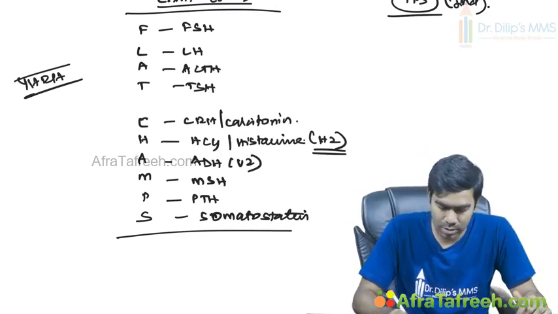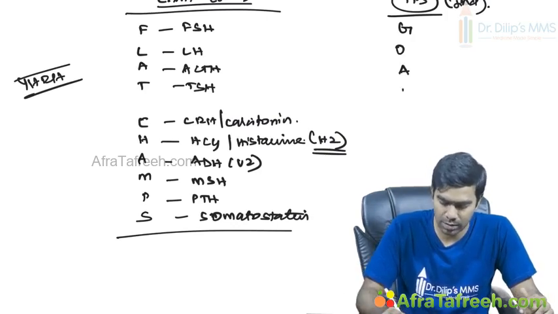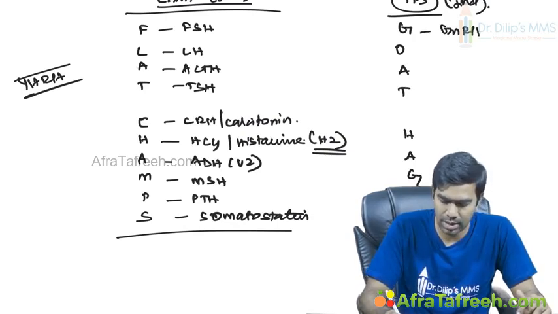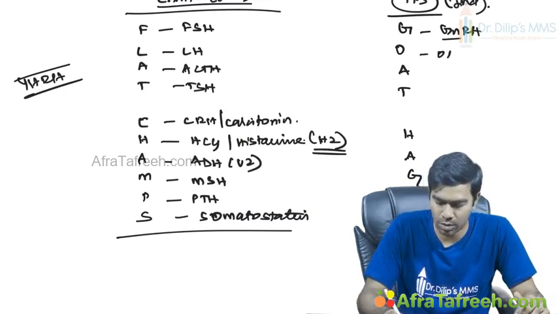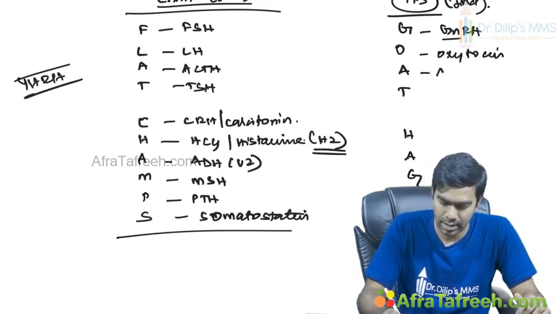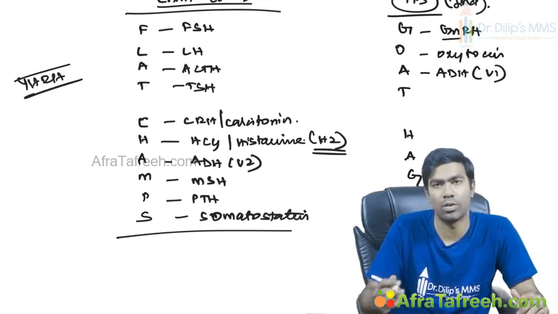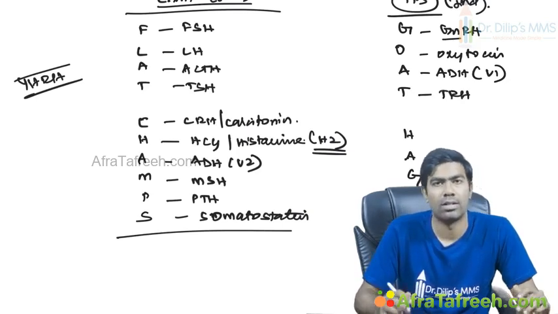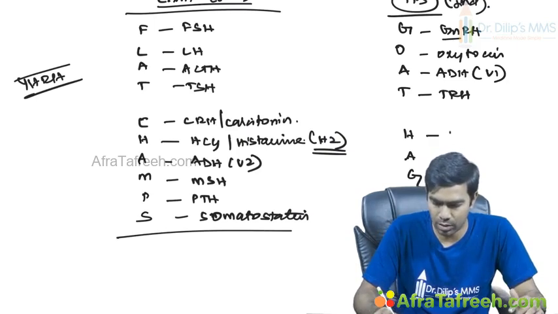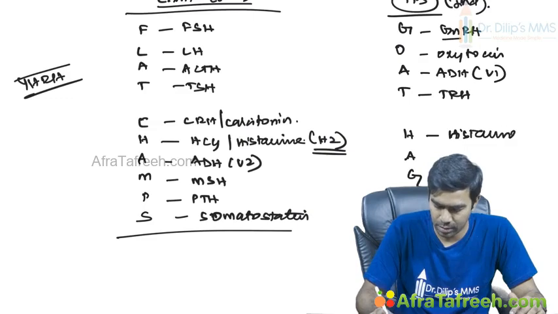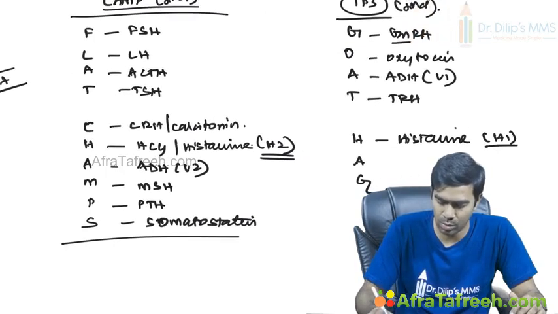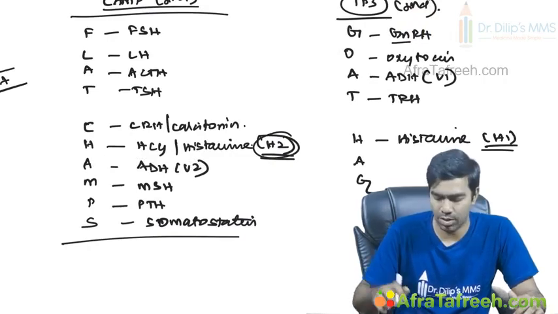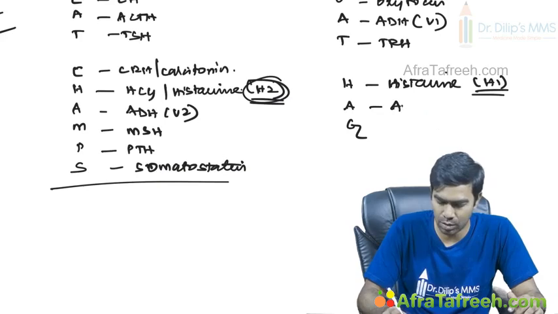And the hormones that work through this IP3 pathway, that is Gq pathway, can be remembered by a mnemonic called GOAT HAG. So G stands for GnRH, gonadotropin releasing hormone, and O stands for oxytocin, and A stands for ADH, but V1 receptors, I told you V1 acts through this Gq pathway only, and T stands for TRH, TSH releasing hormone, and H stands for histamine, H1 receptors, but here I told you H2 is through cyclic AMP only, whereas H1 is through Gq, and A stands for angiotensin 2 and G stands for gastrin.